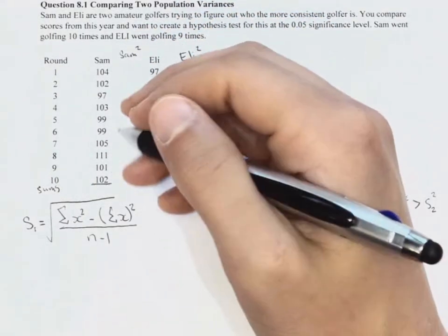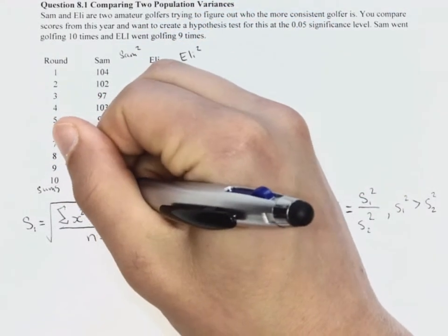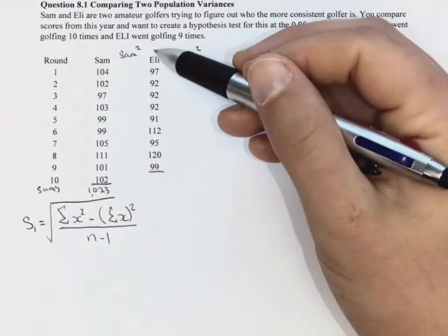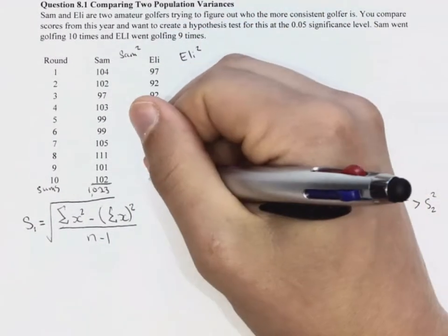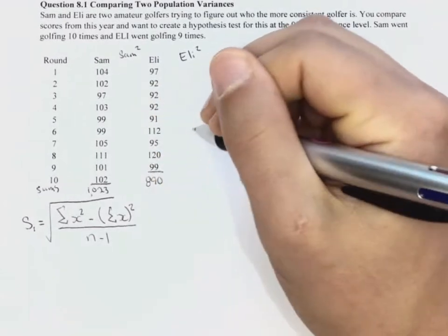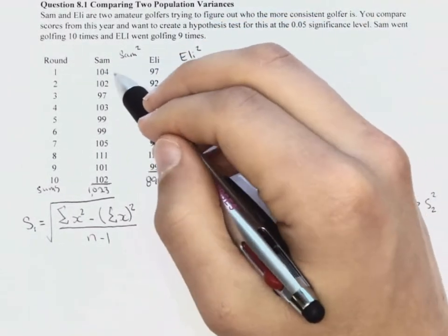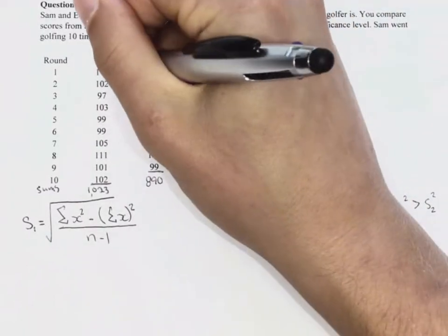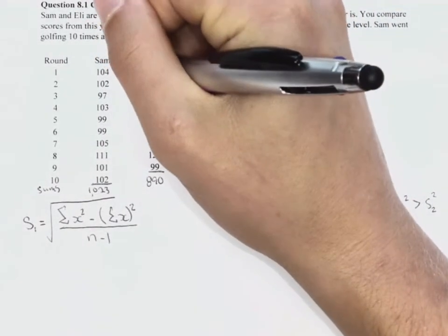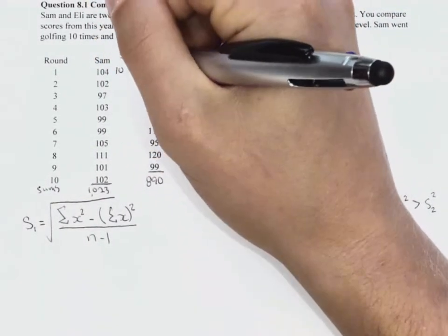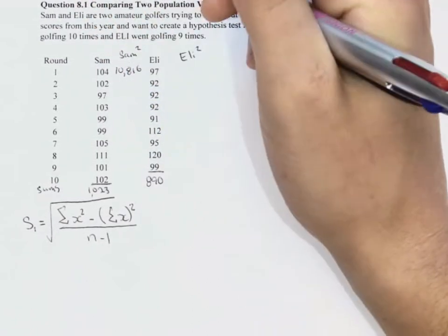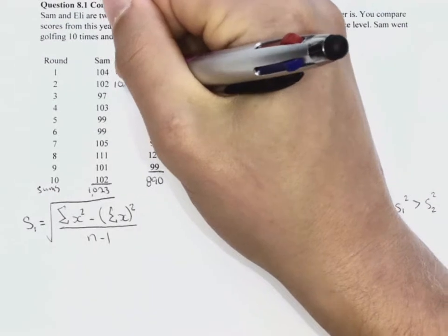When we add all of Sam's scores up, we have 1,023. When we add up all of Eli's scores, we get a total of 890. We can now start squaring each of Sam's scores and putting them here. If you would like to use Excel for this, you can do that, but a calculator should work fine.